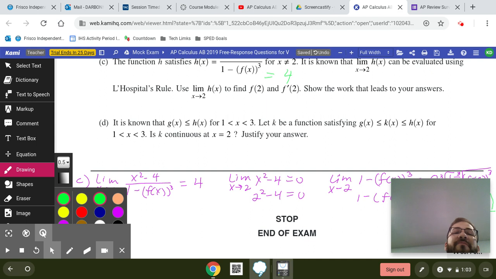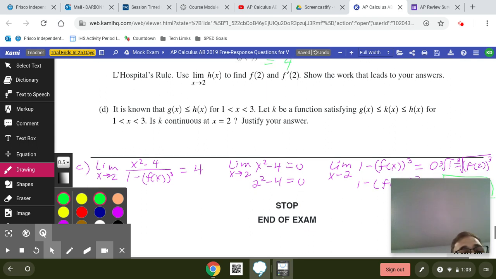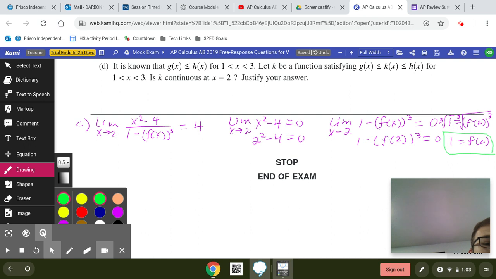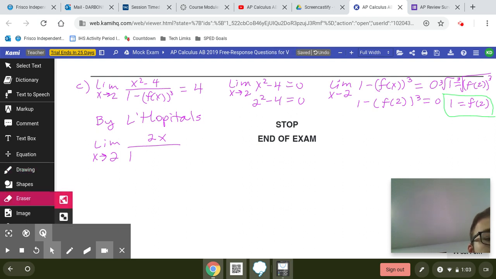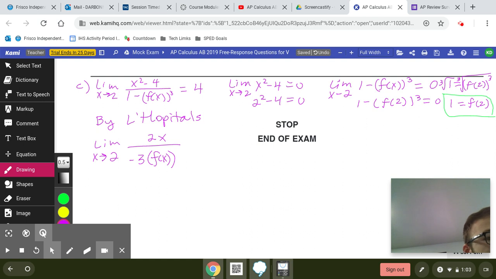Now the only way we're going to get f prime of 2 is if we take the derivative, and the only way we can take the derivative is if we apply L'Hopital's. So by L'Hopital's, we can change this to be the limit as x approaches 2 of 2x over, not 1, sorry, 1's gone, of negative 3, because that 3 is going to come down, f of x, because the inside is going to stay the same, squared times f prime of x for the derivative of the inside.